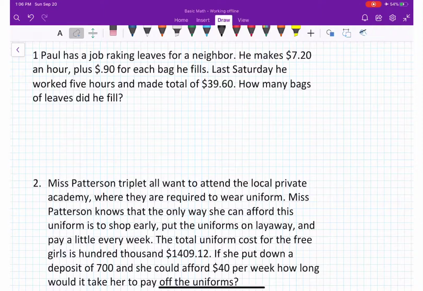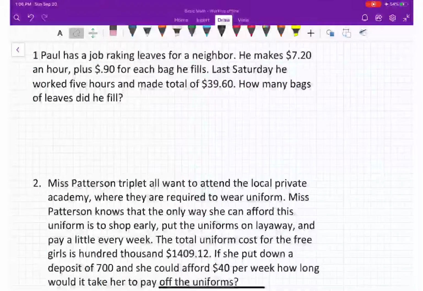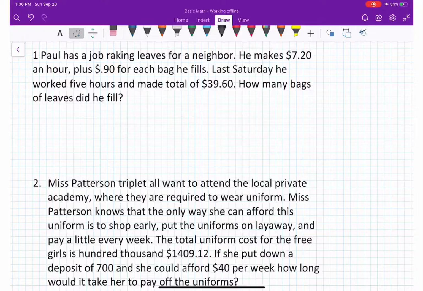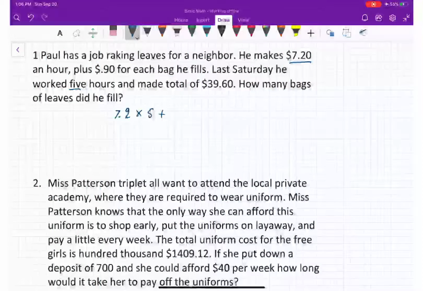First, let's understand that total of $39.60, that's the earning. $7.20 per hour, worked 5 hours, right? Which will be $7.2 times 5, right? And the amount of bags he filled up.